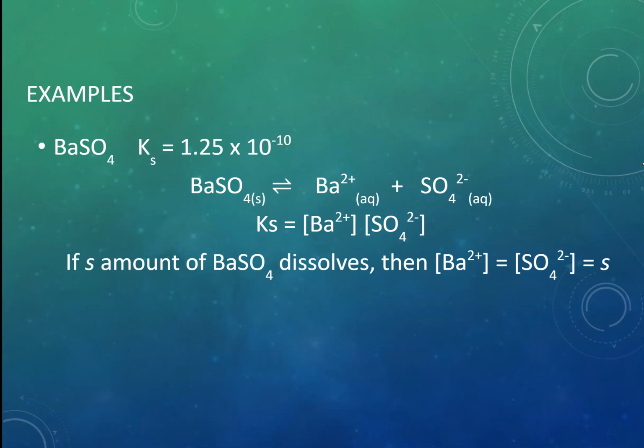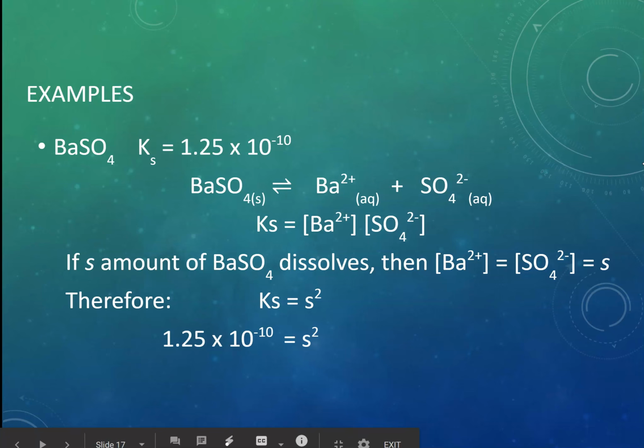Now, if we have S amount of barium sulfate dissolving, because we're at the solubility limit, then we can say that the concentration of barium is equal to the concentration of sulfate. We can see that from the equation, and they're both going to be equal to S. So then we can substitute that directly into the equation and say that actually we know Ks is equal to S squared, therefore S must be equal to the square root of 1.25 times 10 to the minus 10, which is equal to 1.12 times 10 to the minus 5 mole per litre.